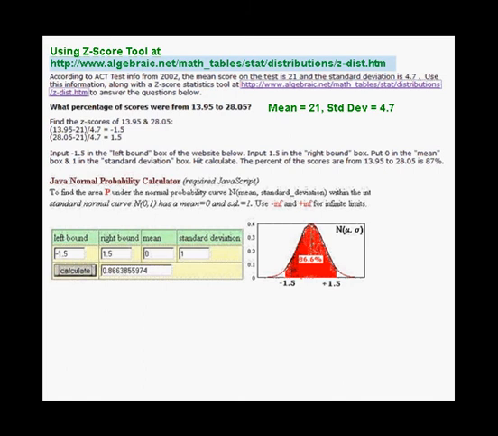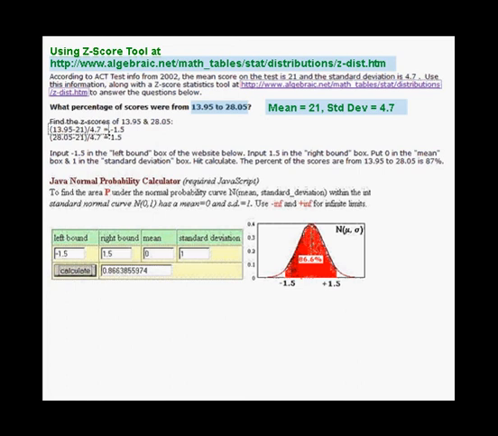Let's say we have ACT test data, and this is an actual example, by the way. It has a mean of 21 and a standard deviation of 4.7. What percentage of the scores are from 13.95 to 28.05? We find the z-scores for those two values. The left z-score is found by putting 13.95 into the z-score formula.